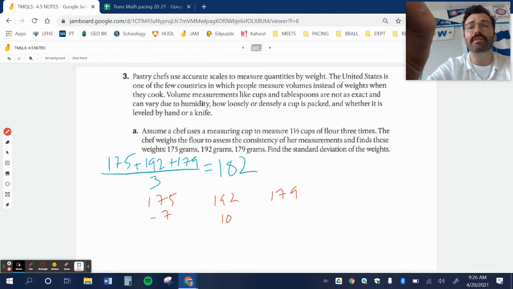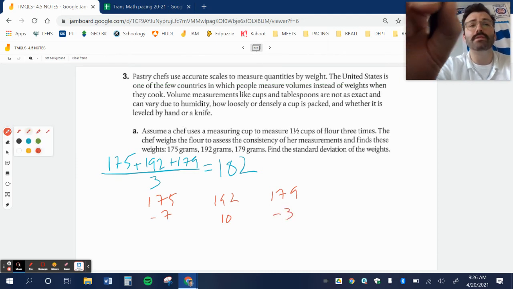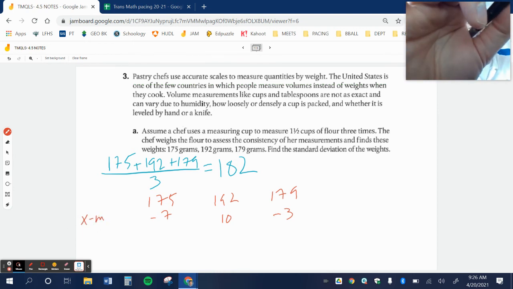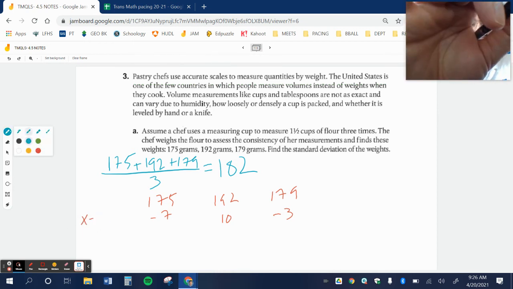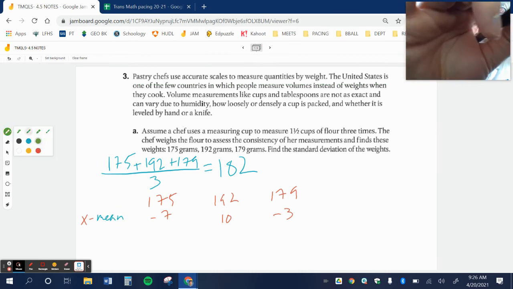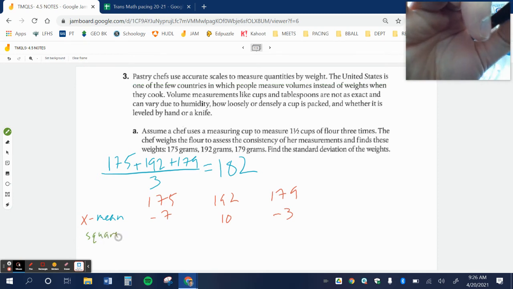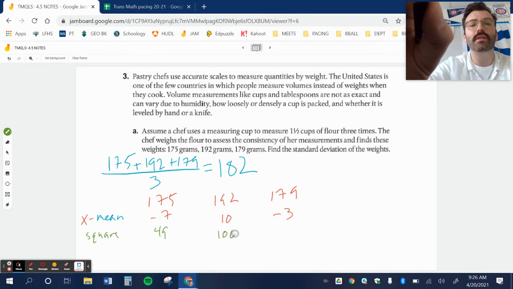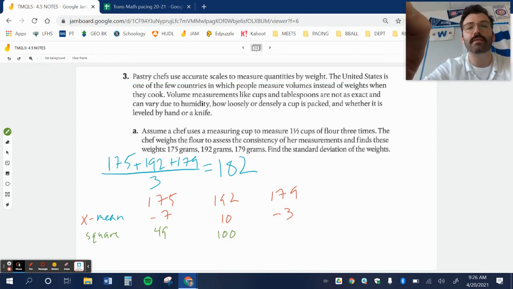And 179 minus 182 gives -3. So this is x minus mean. Now I'm going to square it. So I get 49, 7 times 7; 100, 10 times 10; and 9 for the 3.